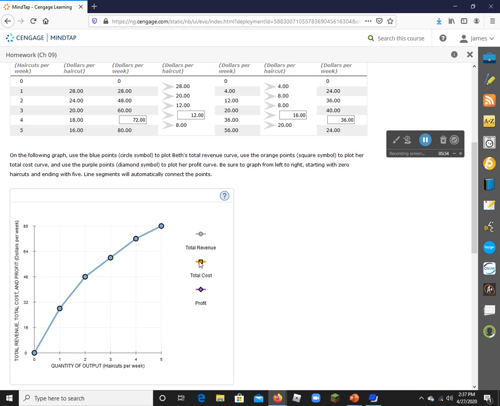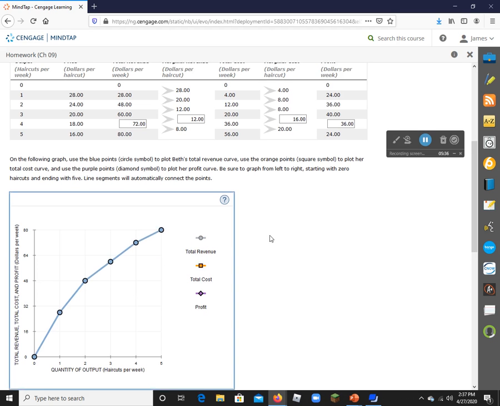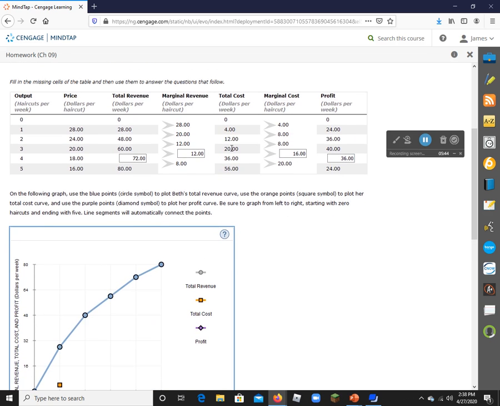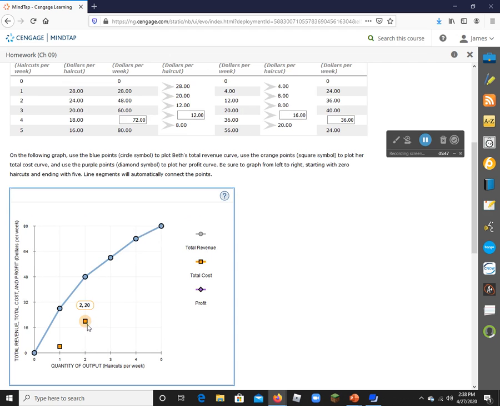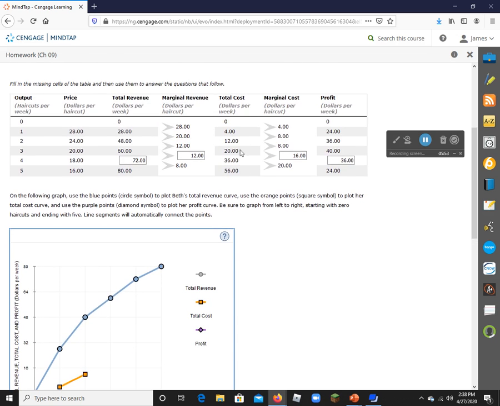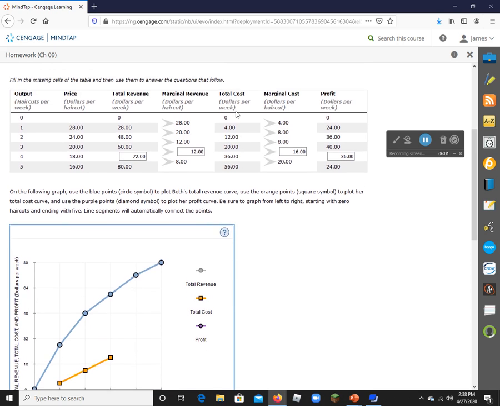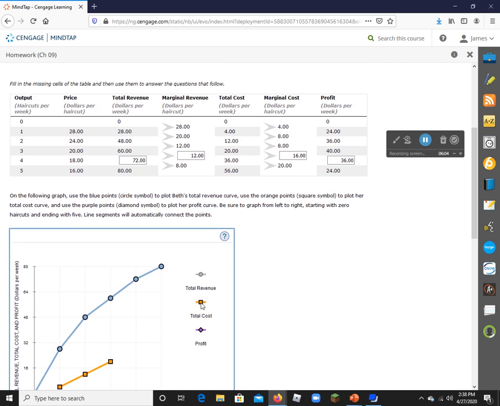Total cost, on the other hand, if she does 1 haircut, her total cost is $4. If she does 2 haircuts, her total costs are $12. 3 haircuts, total costs are $20. 4 haircuts, her total costs go up to $36. 5 haircuts, her total costs go up to $56.